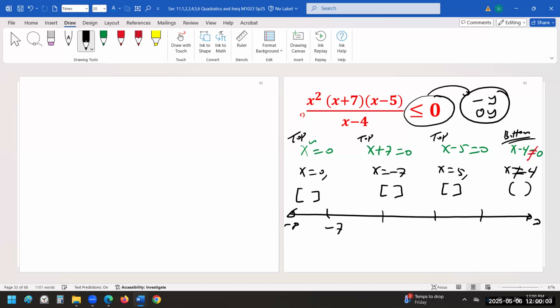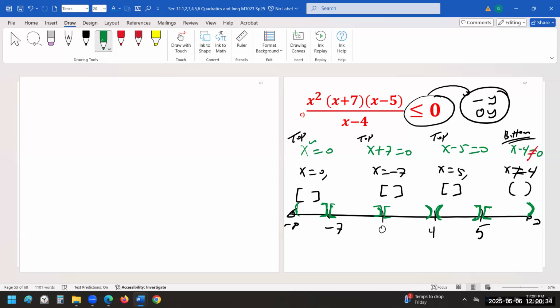After -7, which one comes? 0. Next. And lastly, 5. The infinity will have a parenthesis, -7 will have a bracket, 0 will have a bracket, 4 will have a parenthesis, 5 will have a bracket, and positive infinity will have a parenthesis.